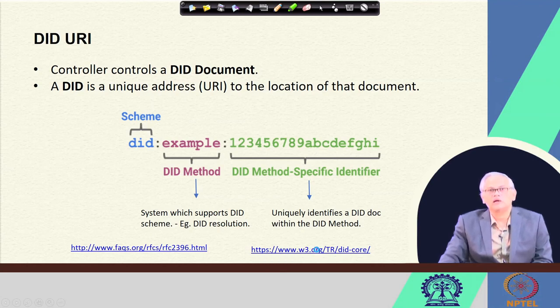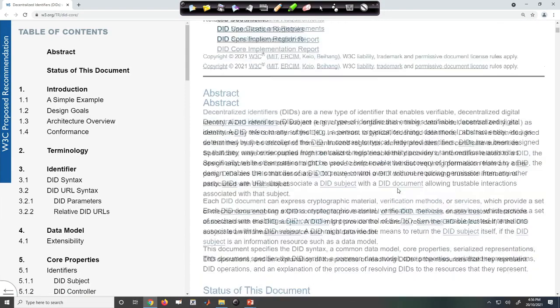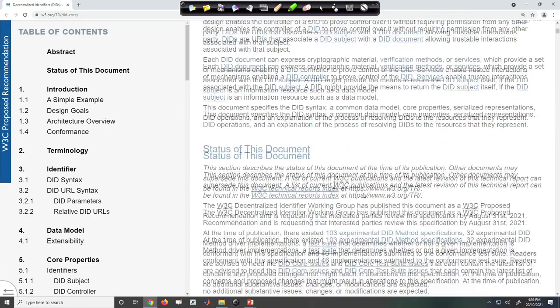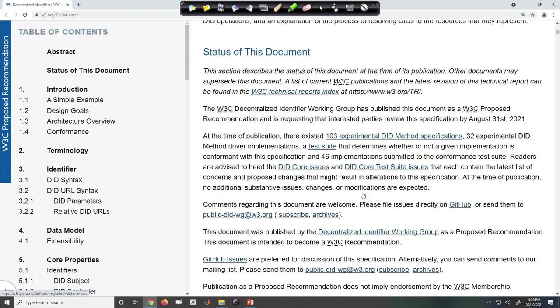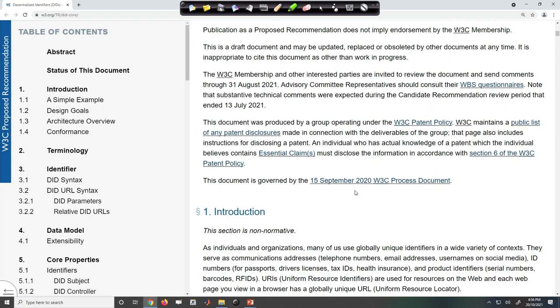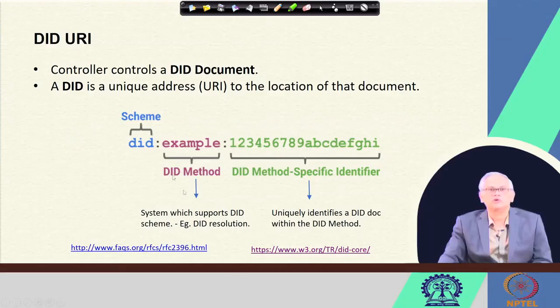What is important is that whatever is mentioned here as part of this entire DID, this URI, you will get exactly those details here about what they represent, with some more examples. This is a fairly detailed document, so it is important that you please go through it and see the details of each of these individual components of the DID, and also of this URI.